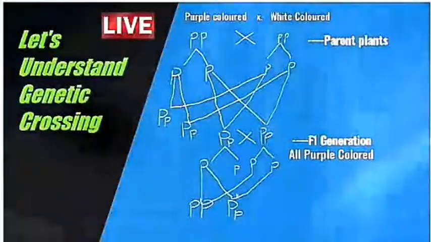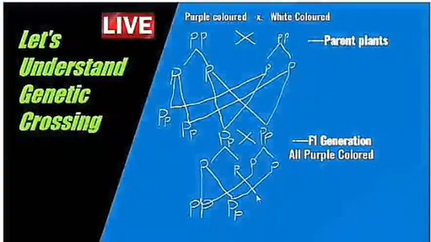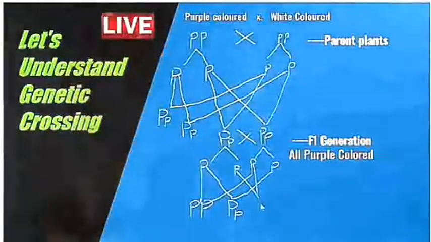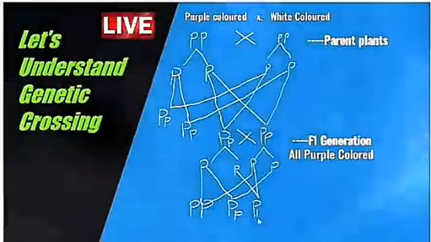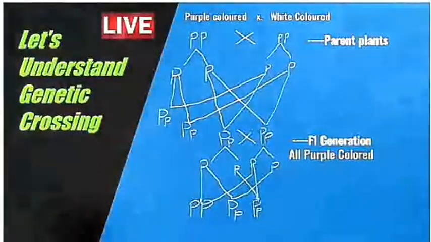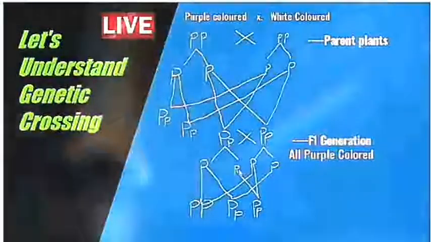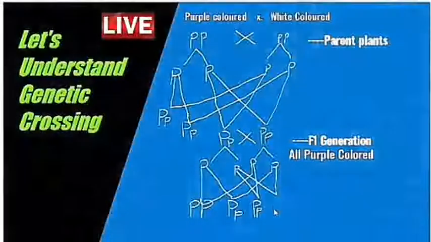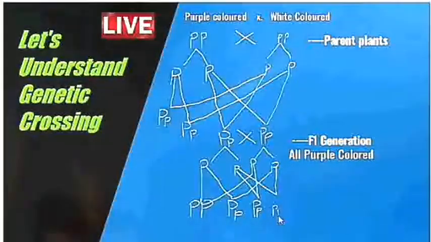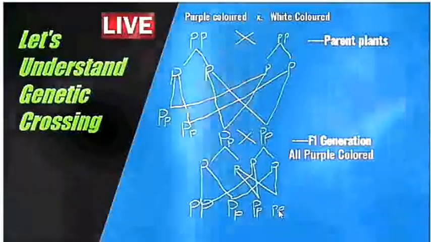So let's cross the allele for white flower with the allele for purple flower, and that's what we get. Lastly, the two alleles for white flower combine to give us double allele for white flower.